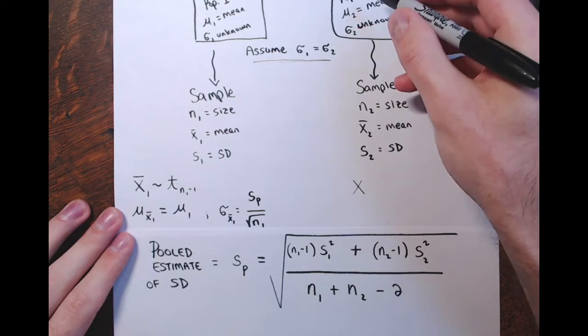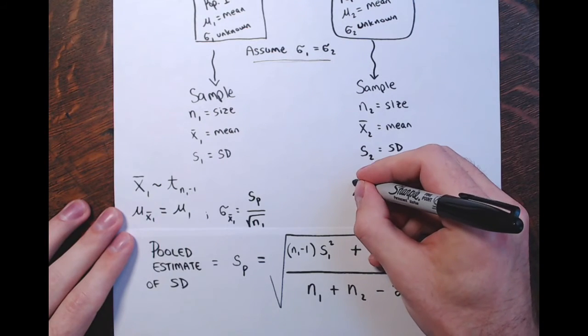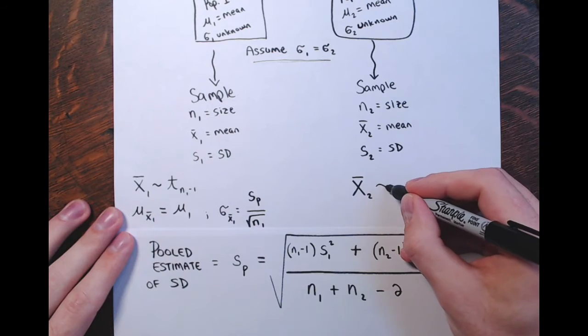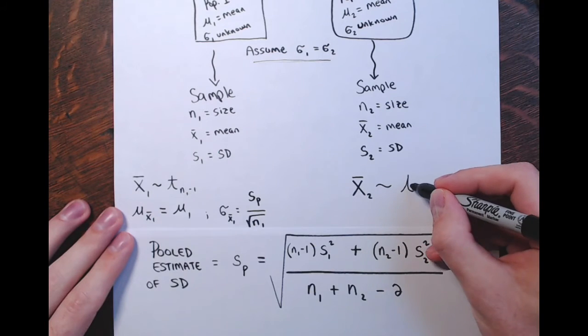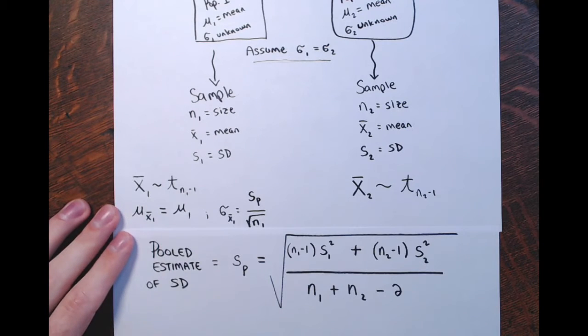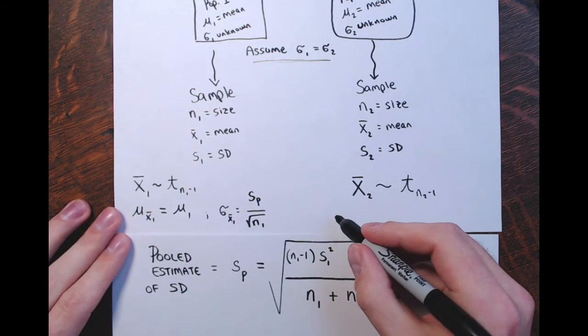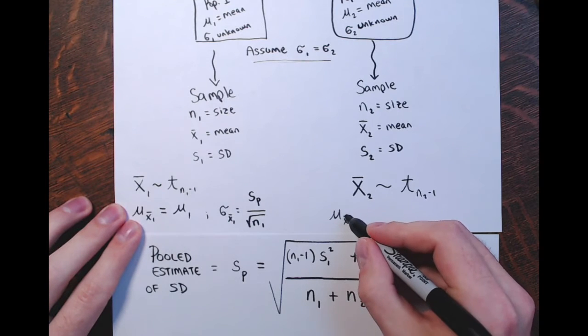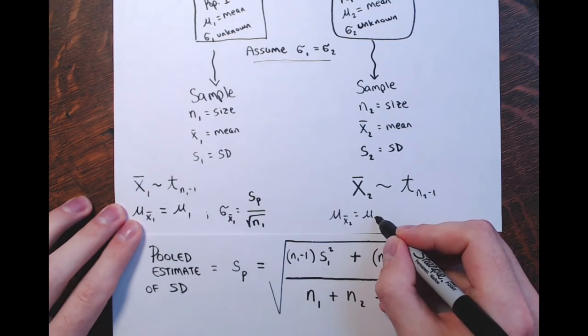If you look at this second population, the distribution of these x2 bars for samples of size n2 would be a student's t distribution with n2 minus 1 degrees of freedom, right? And the mean of these x2 bars would be mu2.